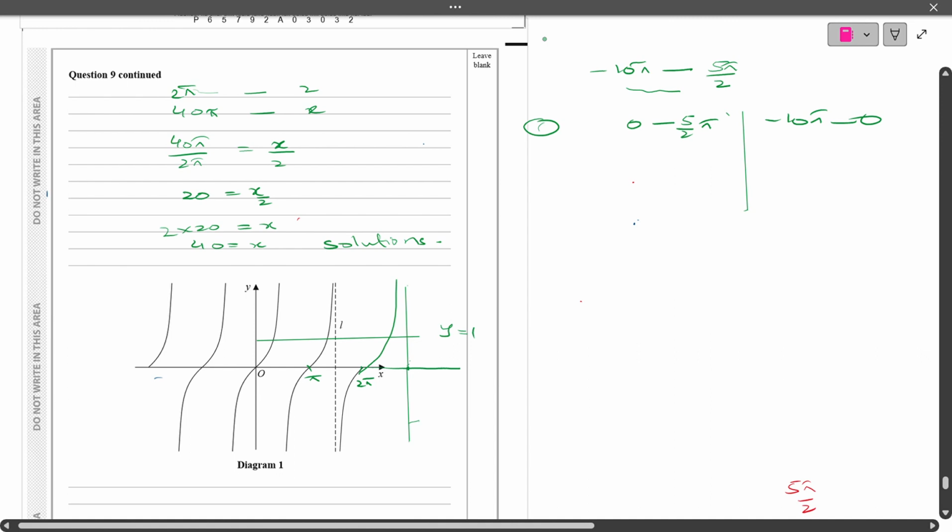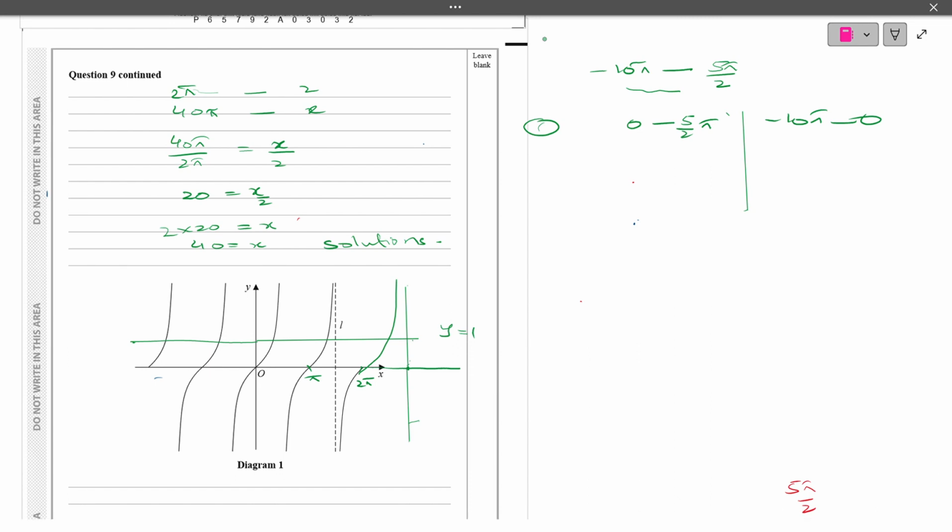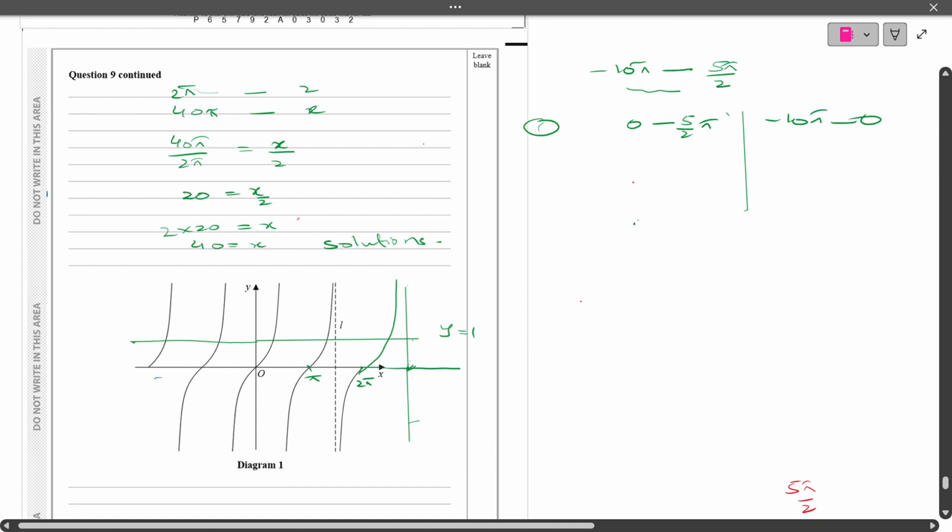Yeah, we drew something like that, and this side as well. All right. So in this case, I have how many points of intersection? Because if this is 5 pi over 2, so 1, 2, and 3. I have 3 solutions from 0 to 5 pi over 2. So I have 3 solutions here.